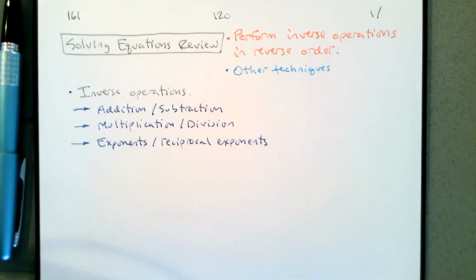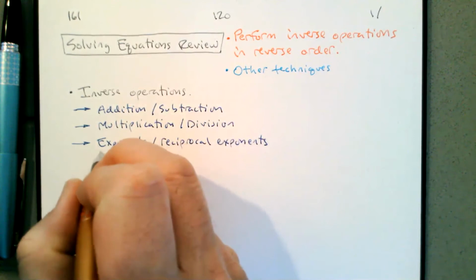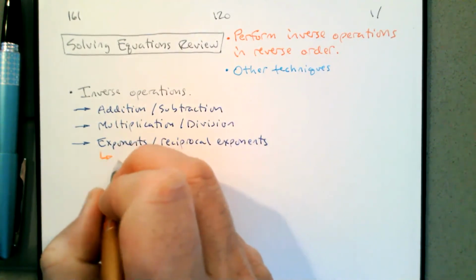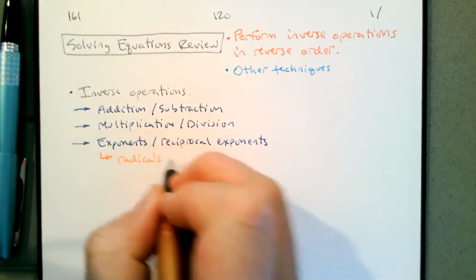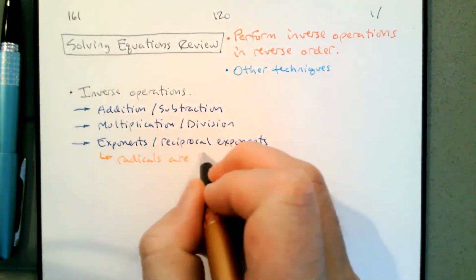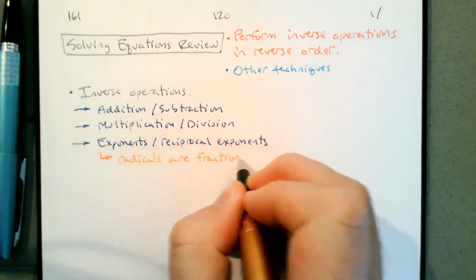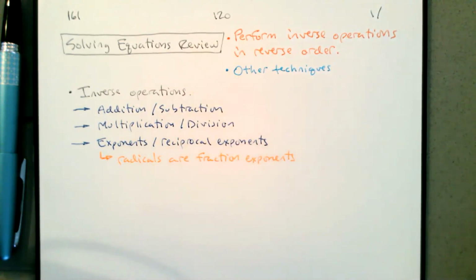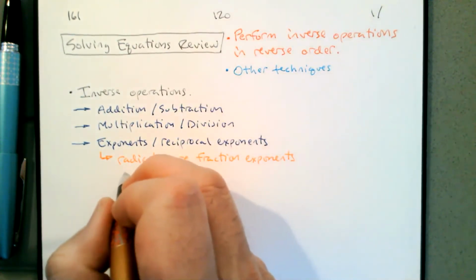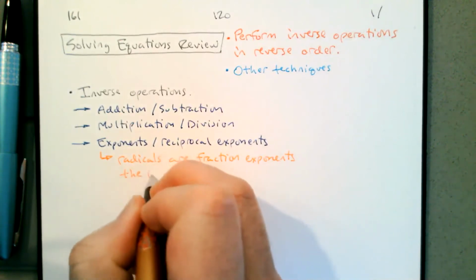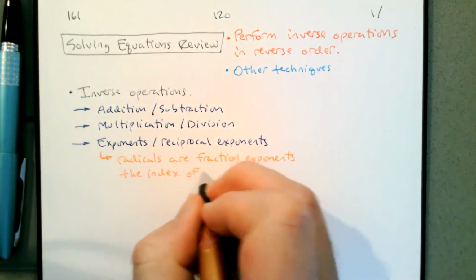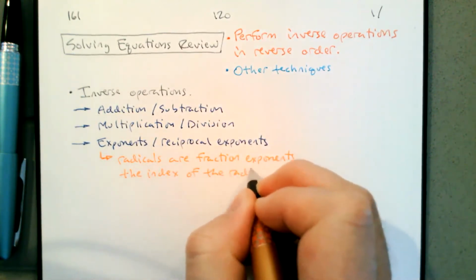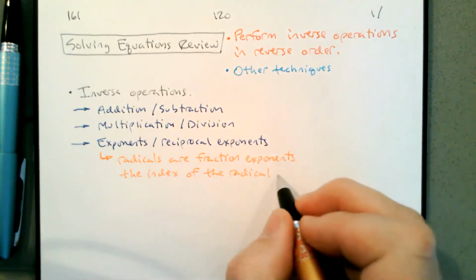In particular, radicals represent fraction exponents. Radicals are fraction exponents. The index of the radical is the denominator of the exponent.